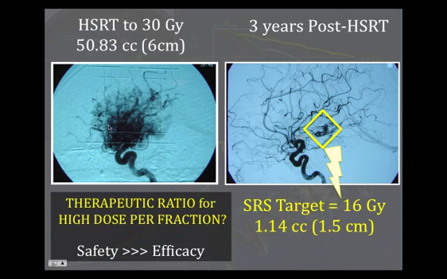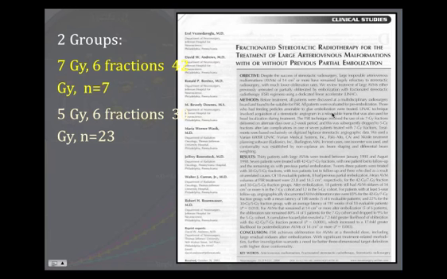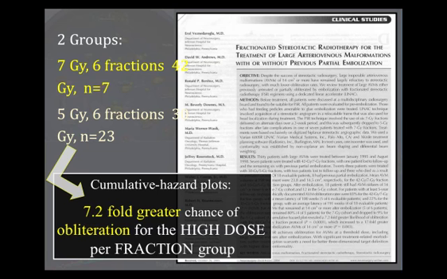Can we trigger complete obliteration with fractions without the need to wait long periods of time and repeating radiation? Because nobody knows what's the final answer to that, a group from Andrew's group proposed this prospective trial where they did irradiate the patients.